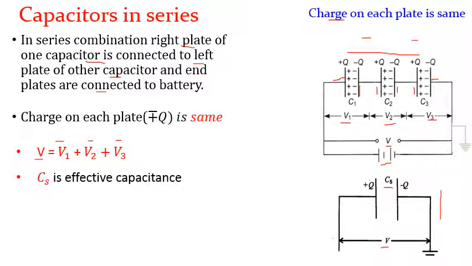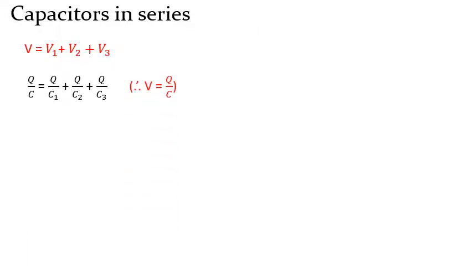Next, as this CS is effective, we have to find the formula for this effective capacitance. For this purpose, what do we have to do? Now see here, as V is equal to V1 plus V2 plus V3, and by the basic relation V is equal to Q by C, you can write Q by C is equal to Q by C1 plus Q by C2 plus Q by C3.